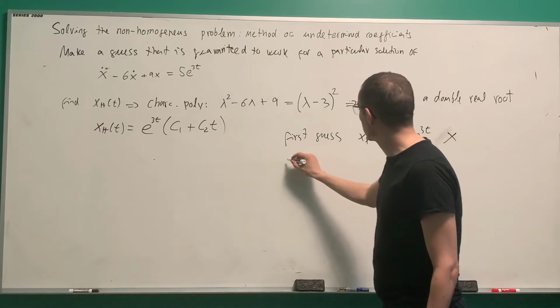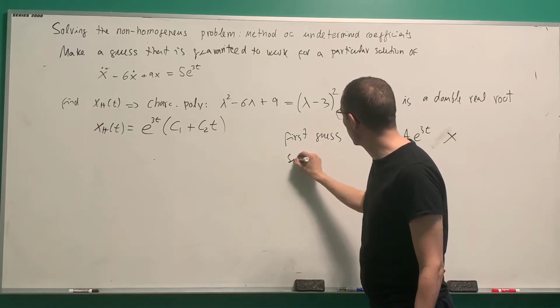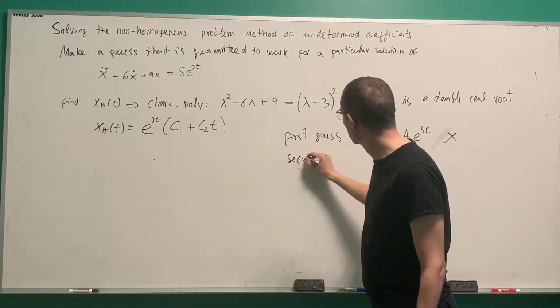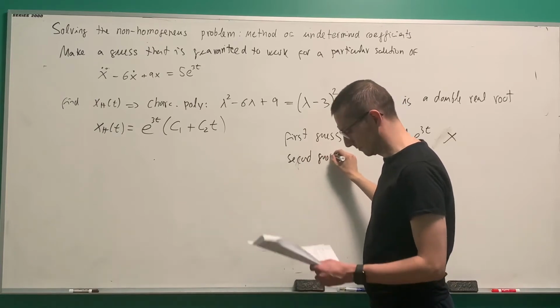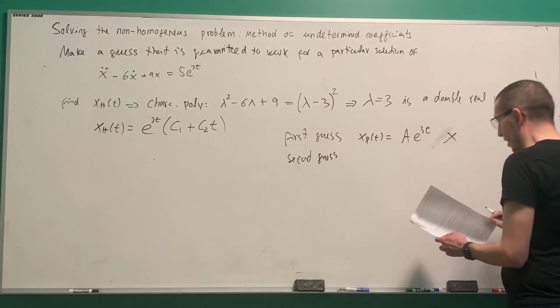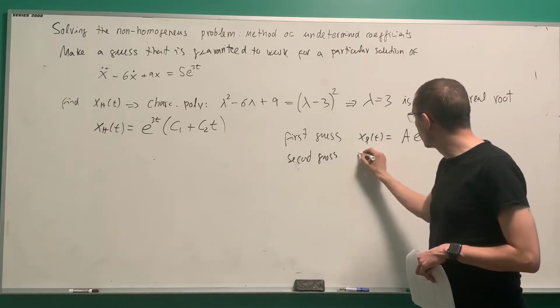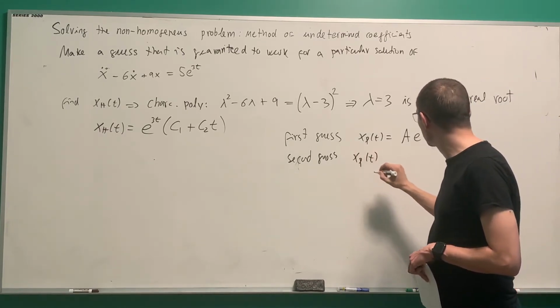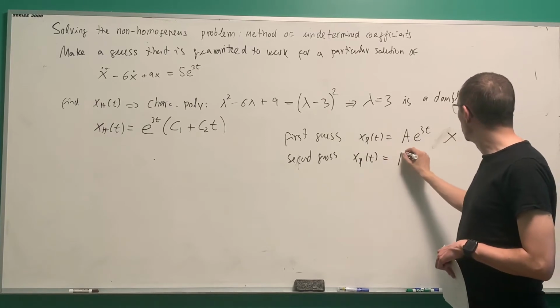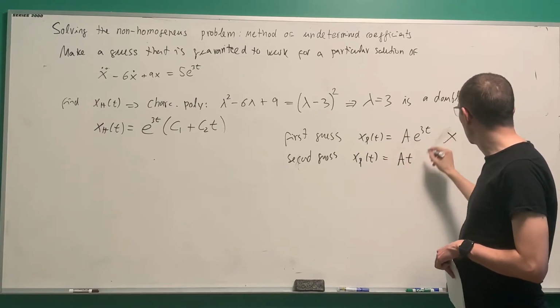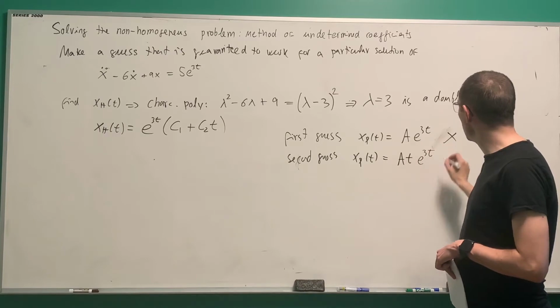So we upgrade the guess. Second guess: multiply by t. So xp of t is equal to a times t times e to the 3t.